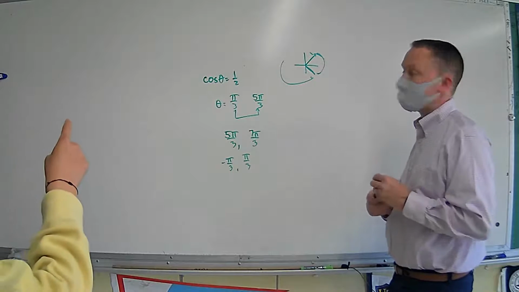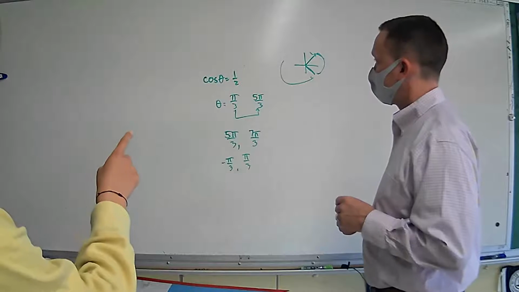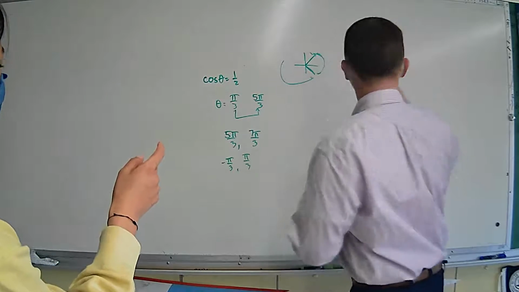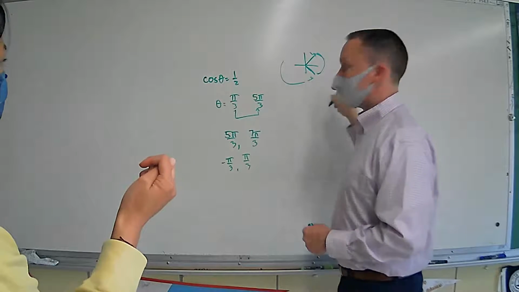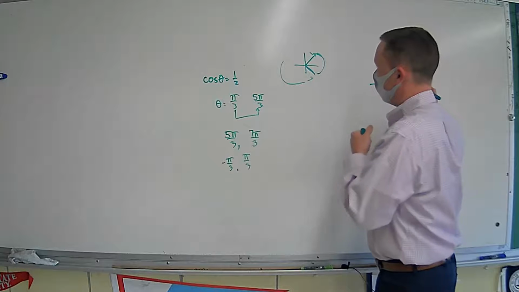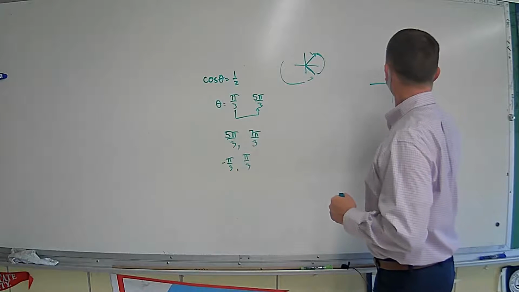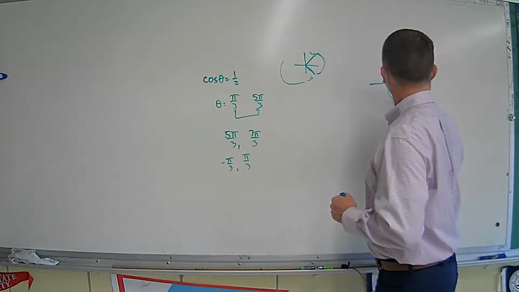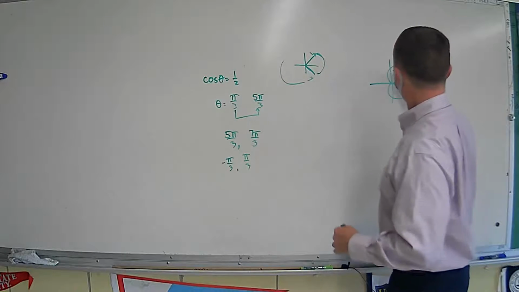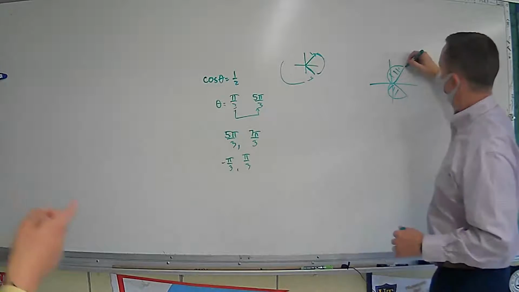Why can't you just do pi over 3 to 5 pi over 3? Because pi over 3 to 5 pi over 3 gives you the back half of the graph. You need the part between those two angles. Is this the cardioid? Yeah. Pi over 3 to 5 pi over 3 is going to give you this part, when I wanted this part.